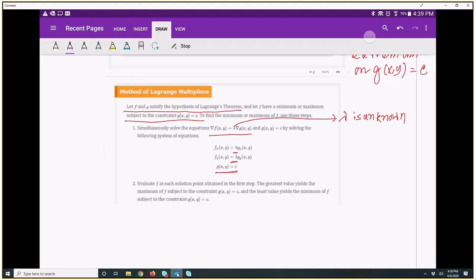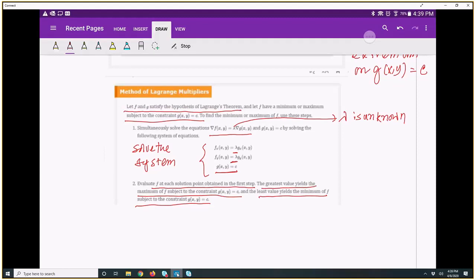Then I solve this system of equations, and it is going to give you a bunch of critical points. At each of these critical points, you are going to evaluate your function f, or the function that you are optimizing. The greatest value obtained will be the point of maximum. The least value obtained will be the minimum.